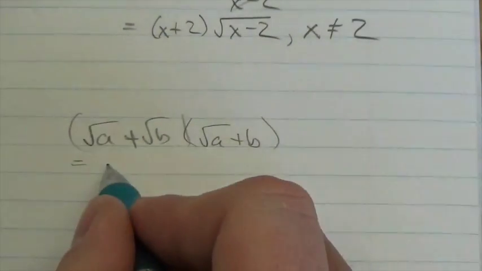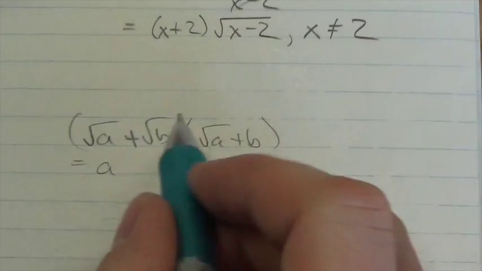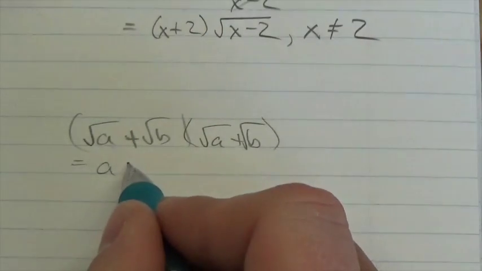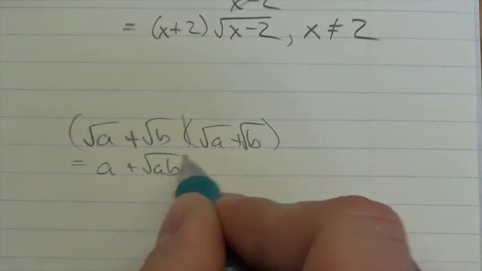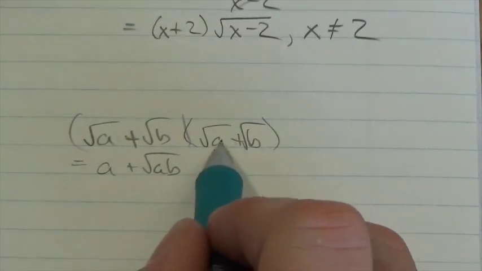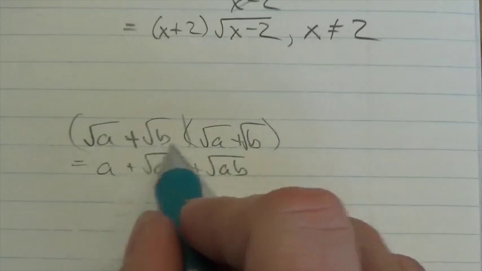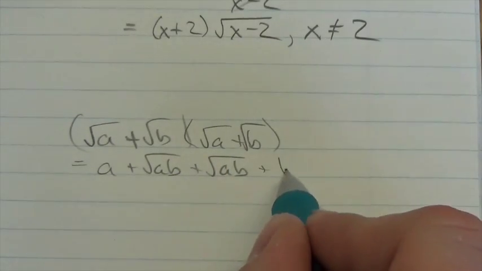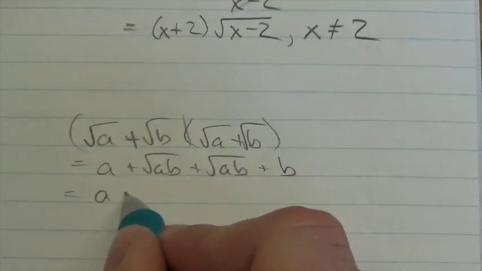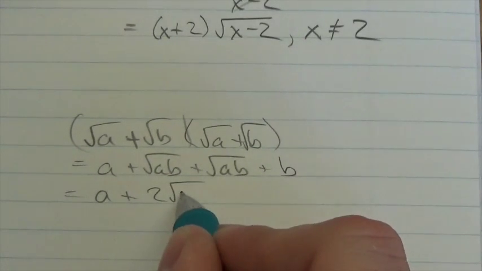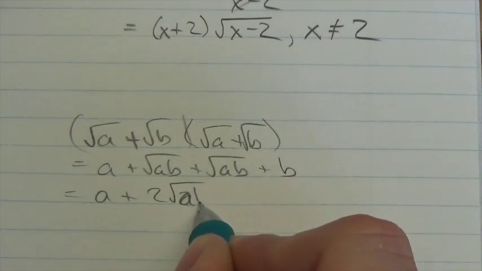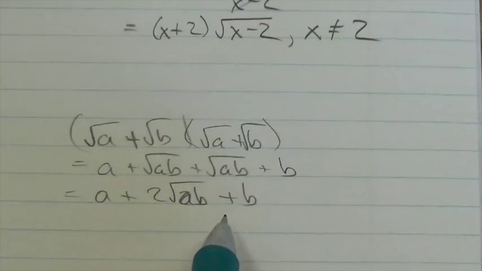Root a times root a is a. Root a times root b will be root ab. Root b times root a will be root ab. Root b times root b will be b. And so this becomes a plus 2 root ab plus b.